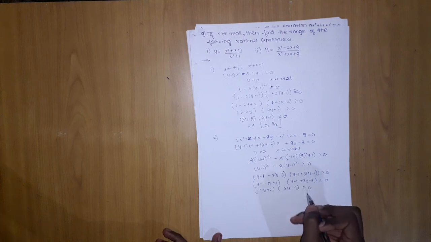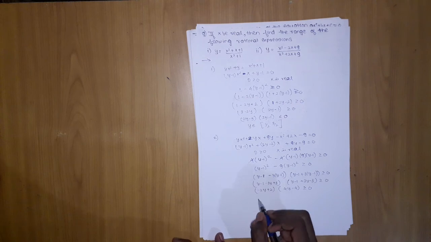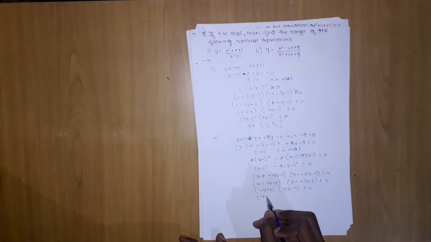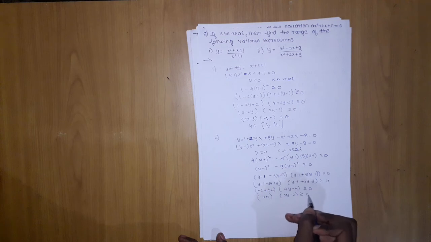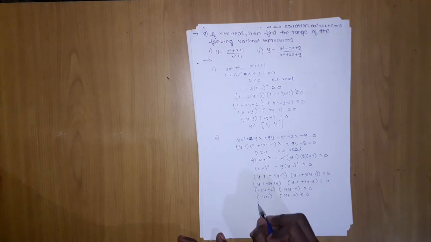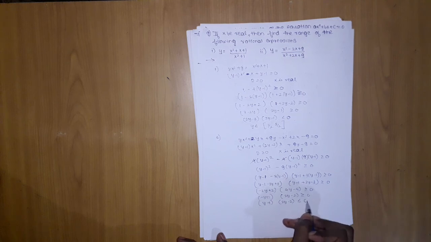should be greater than equal to 0, which, if we divide, take 2 common, so we will get minus y plus 1 and 2y minus 2 greater than equal to 0, and here we will multiply because this is minus y minus 1, 2y minus 2, and this will become less than.